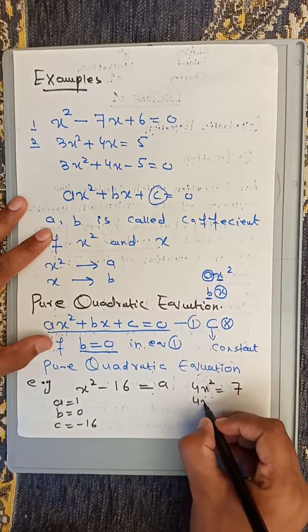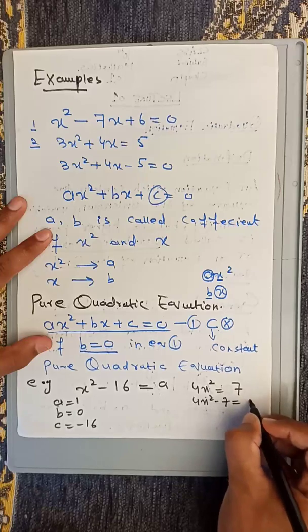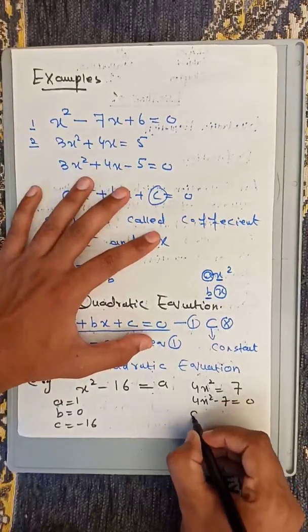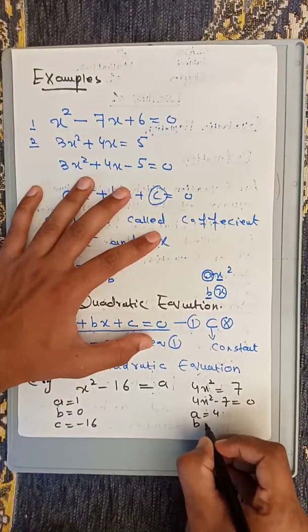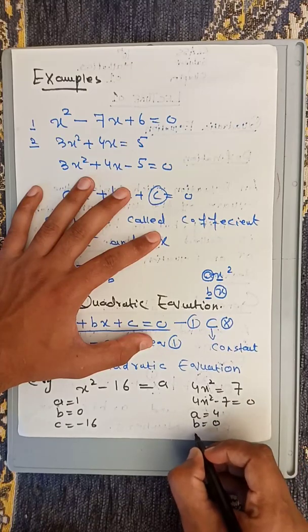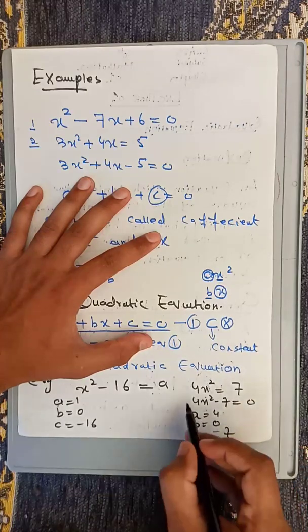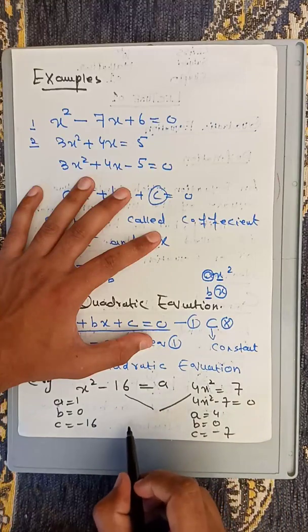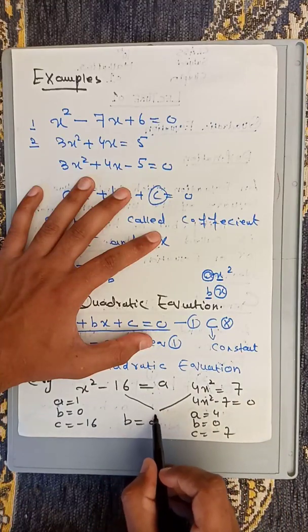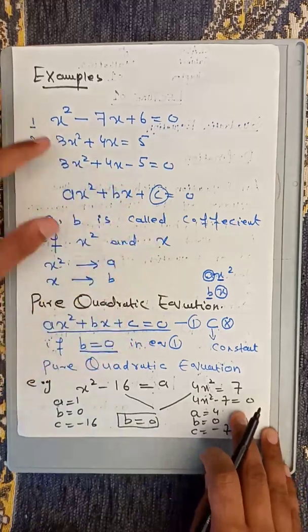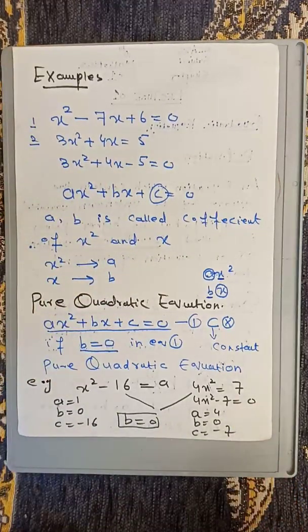We can also write it as 4x square minus 7 is equal to 0. Here a is equal to 4, b is equal to 0, and c is equal to minus 7. If you look at both equations, you find that b is equal to 0. So such a quadratic equation in which the coefficient of x is equal to 0 is called a pure quadratic equation. Okay students, this is all for today, lecture number 1.